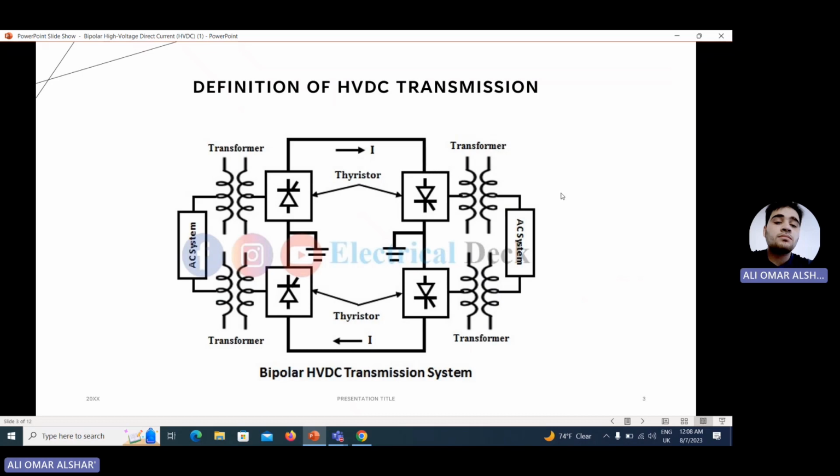Then we have the transformers at the right side of the diagram, which we call step-down transformers. Then we have maybe the houses or the facilities that we want to deliver the power to. So that's the main diagram of bipolar high voltage transmission systems.